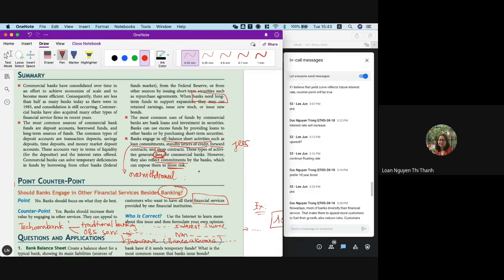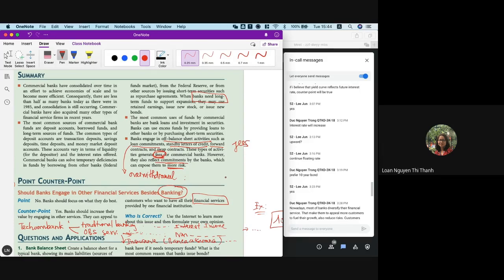So again, with the off-balance sheet, in the normal situation, off-balance sheet will generate income, our profit. And the income and profit will be recorded out of the balance sheet. Is that true?